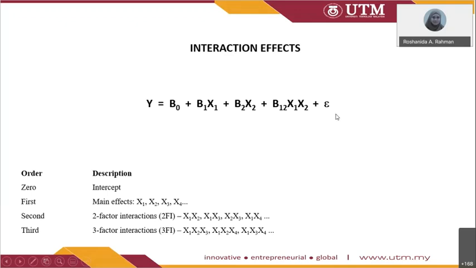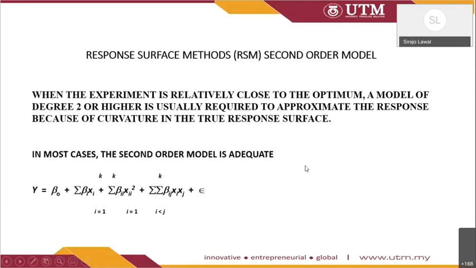If your model is cubic, you will have the cubic terms in the equation, and all these terms eventually are reflected in the yield here. Okay, I think I finished the first part of the process of the factorial design.